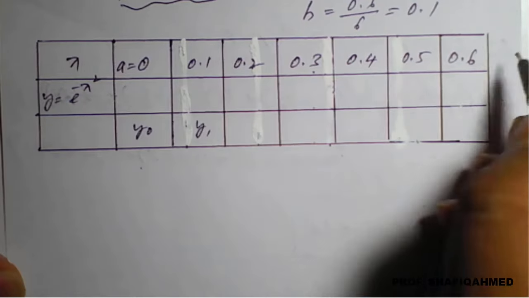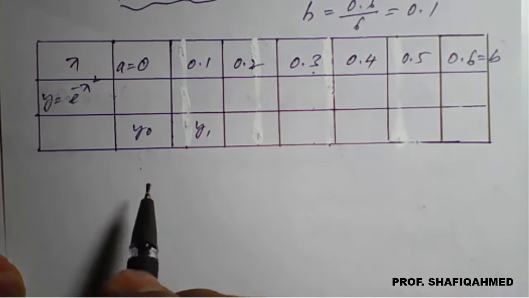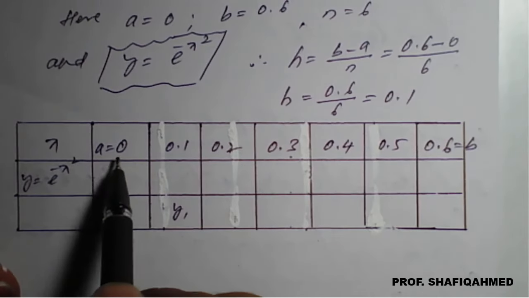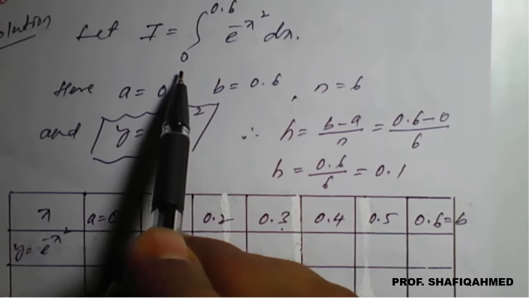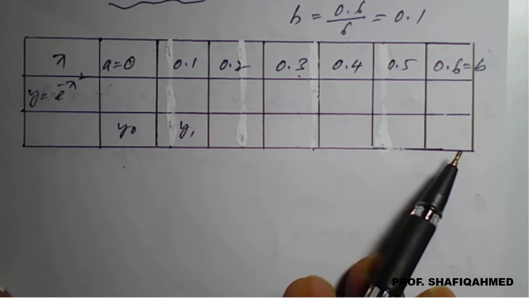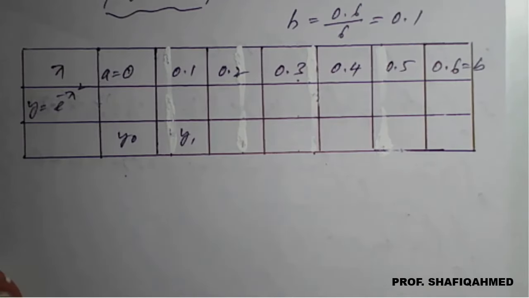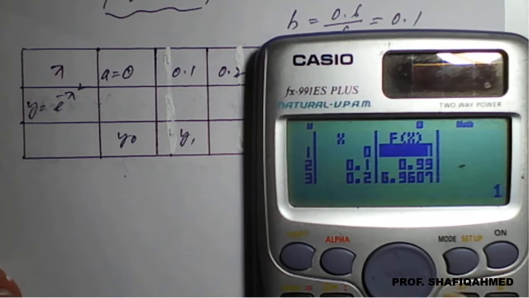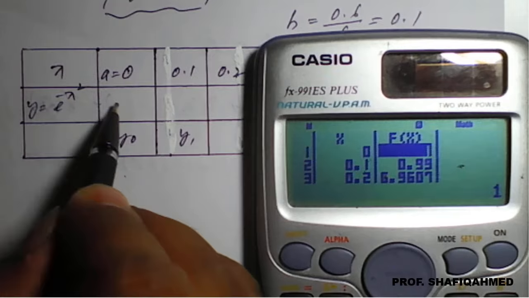This is the value of a and this is the value of b. We start from 0 and end with 0.6, and the table also ends in the same manner. With respect to this, I want to write down the values here. You can use the side cursor. For 0 it is 1.